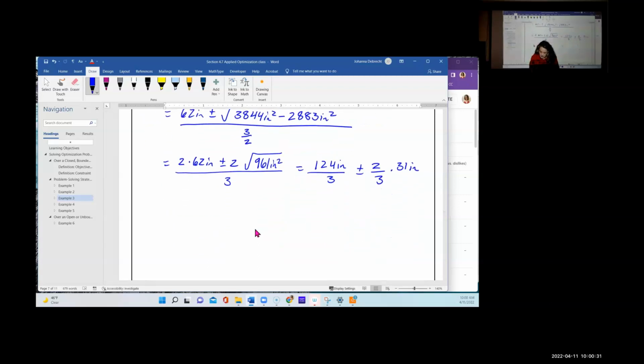So coming down here, we get 124 plus or minus 62/3, so this is going to give us 186/3, and these are all inches. And if I subtract 62, this gives me 62/3 inches. Right? Lots of algebra.